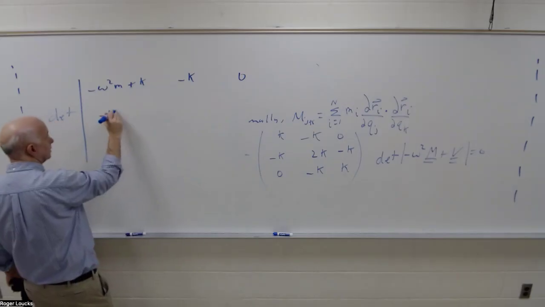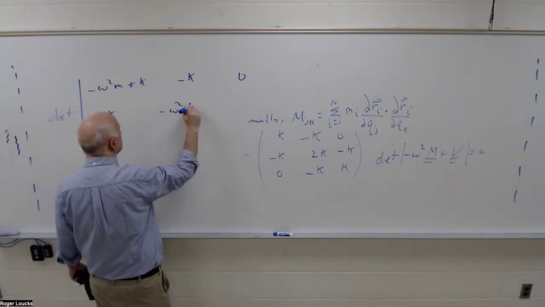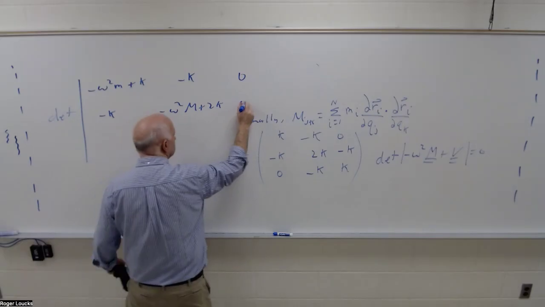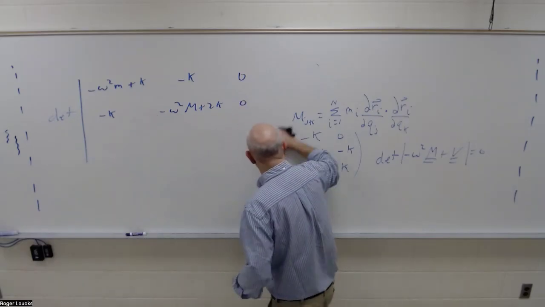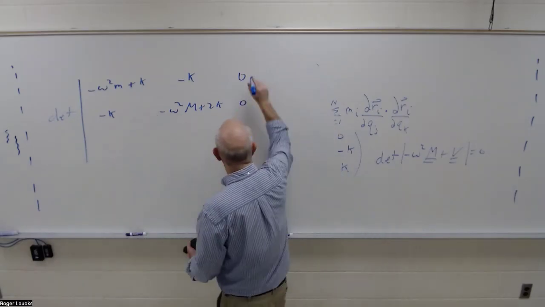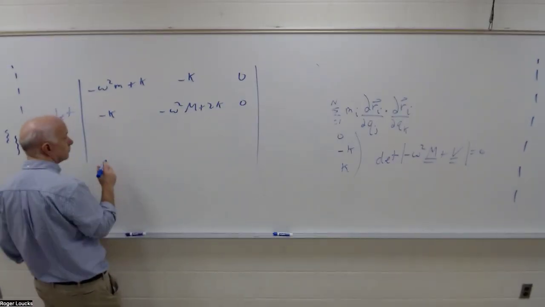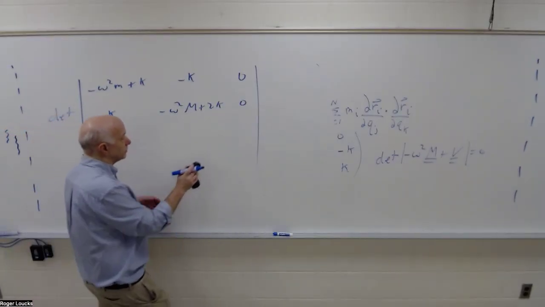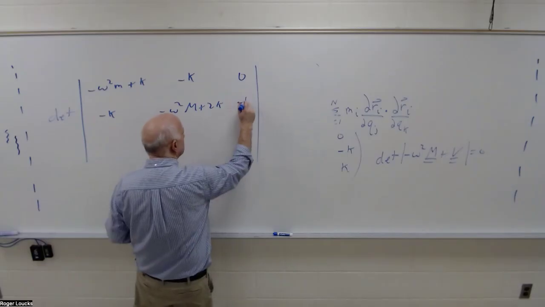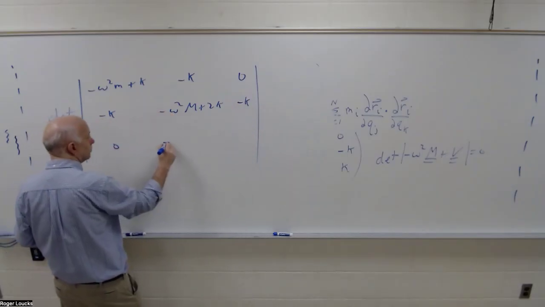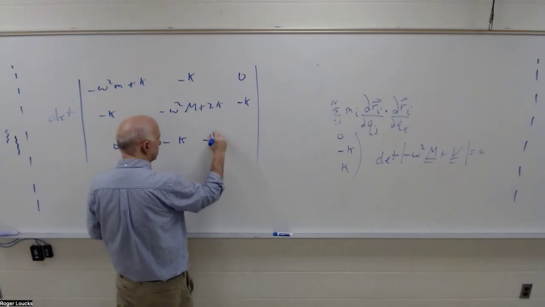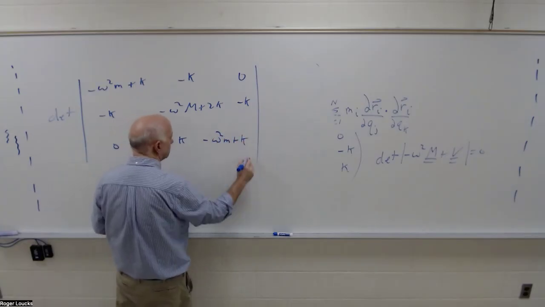And then minus K, minus omega squared big M plus 2K, minus K. Then 0, minus K, minus omega squared little m plus K.